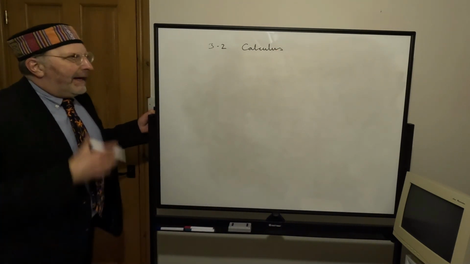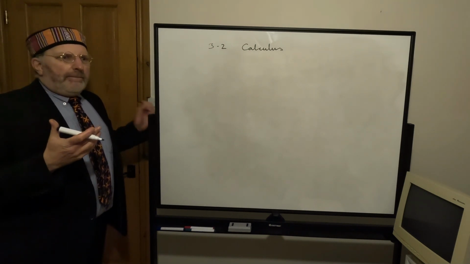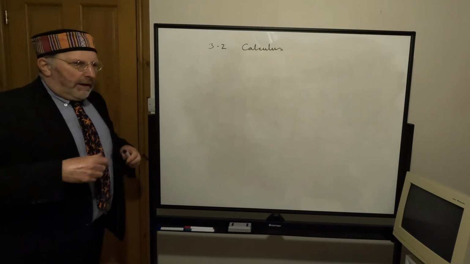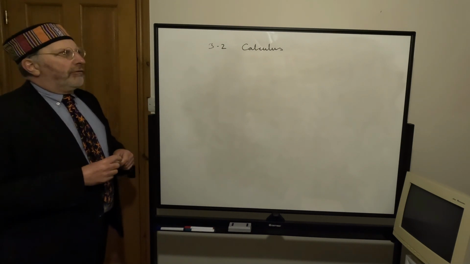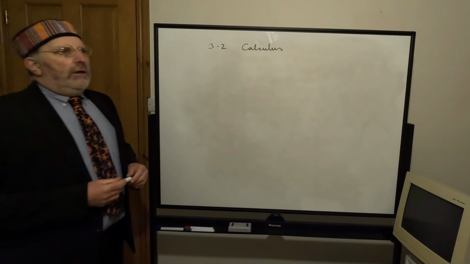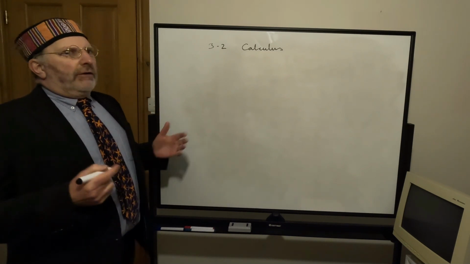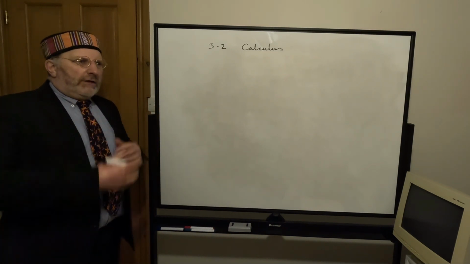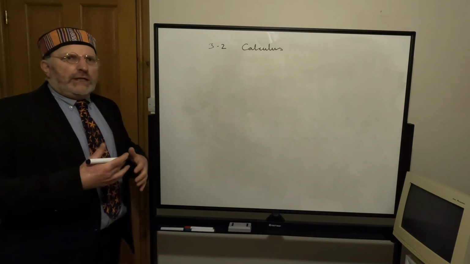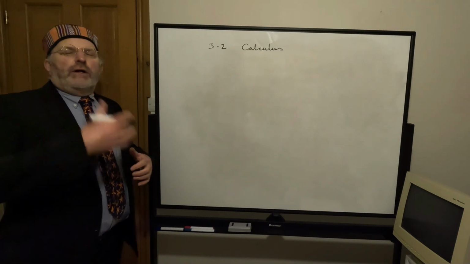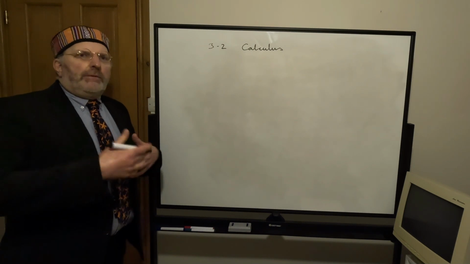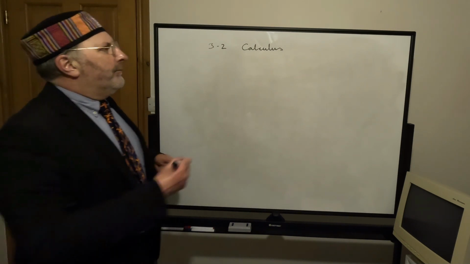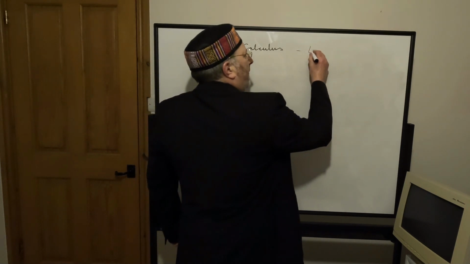So calculus is a way of studying changes, rates of change in variables. So with calculus, we're looking at basic dynamics, how one variable changes as a function of another, how the rate of change of one variable depends on other variables. So it's basic dynamics.